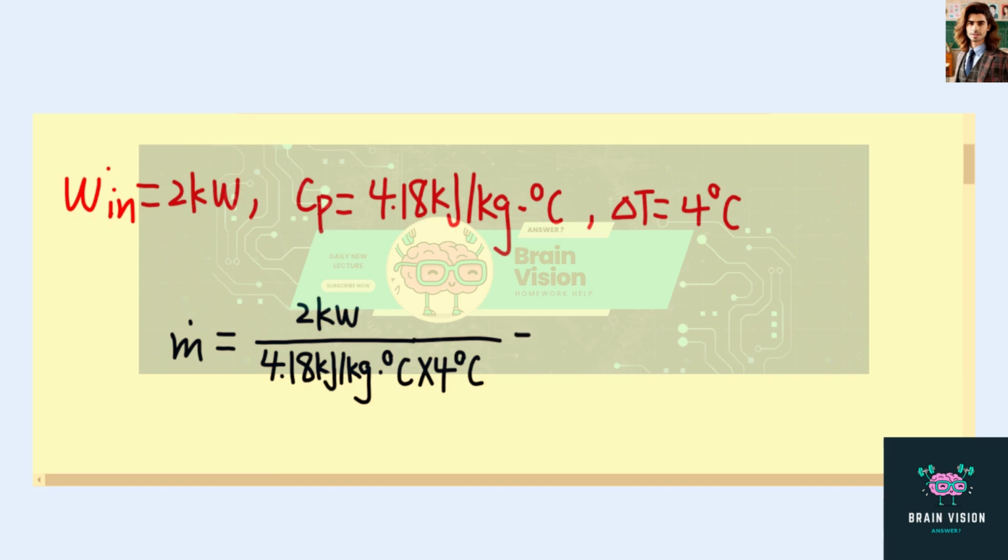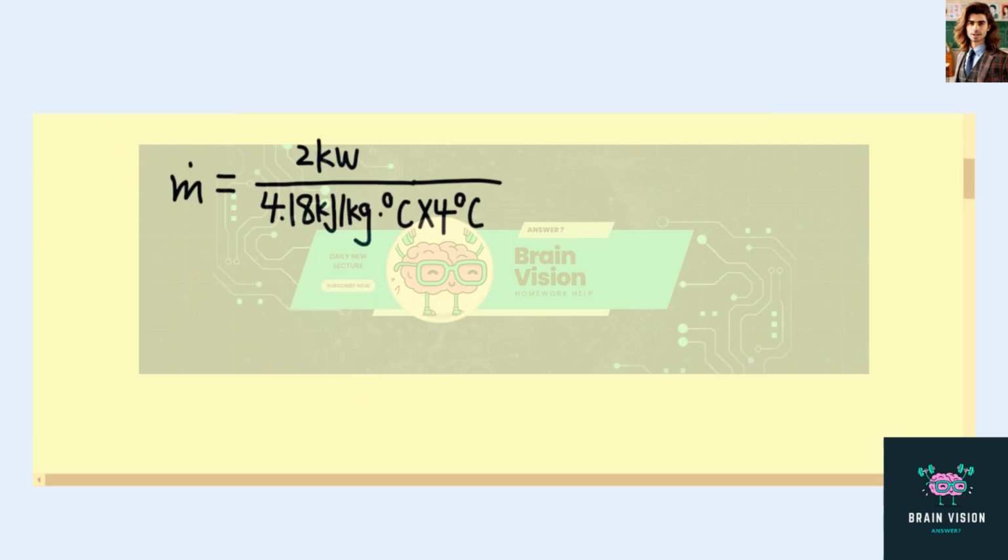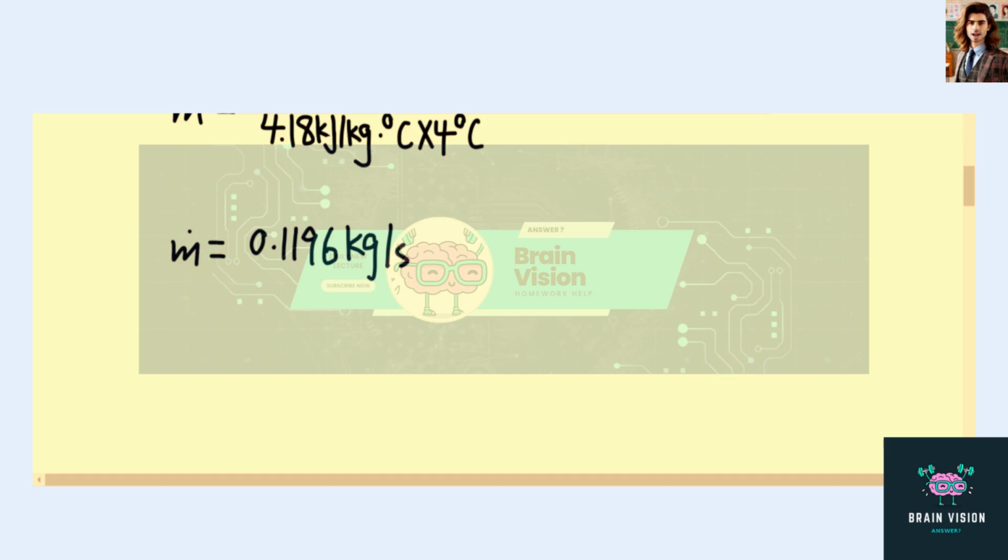And this will give us the mass flow rate of the water, which is about 0.1196 kilogram per second.